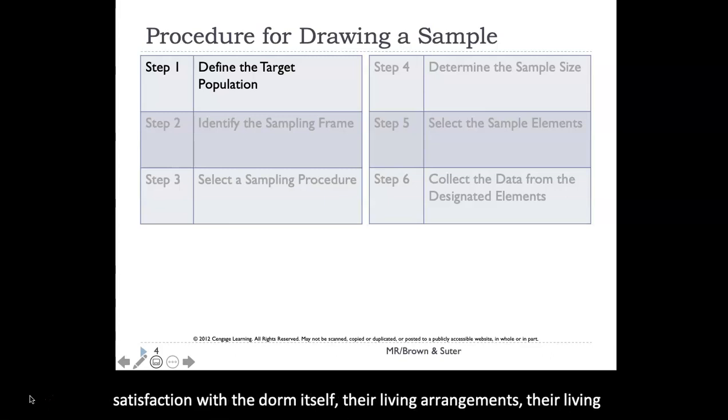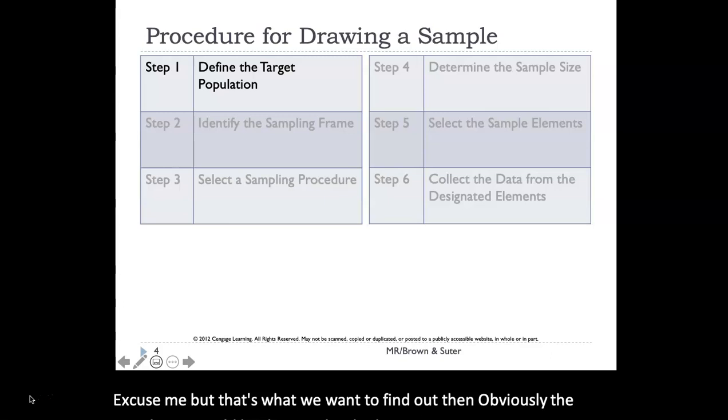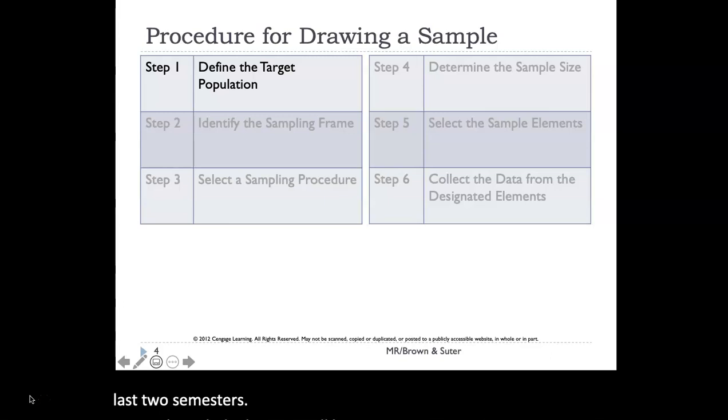If that's what we want to find out, then obviously the population would be the people who live in the dorm, or the people possibly who lived in the dorm last semester or the last 2 semesters. We might include them as well. But we know the population.